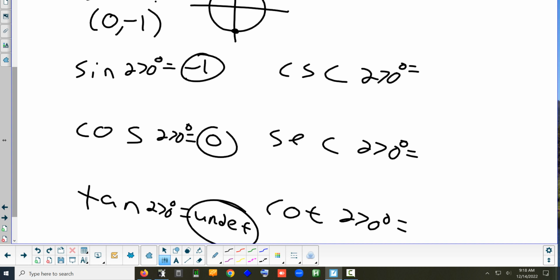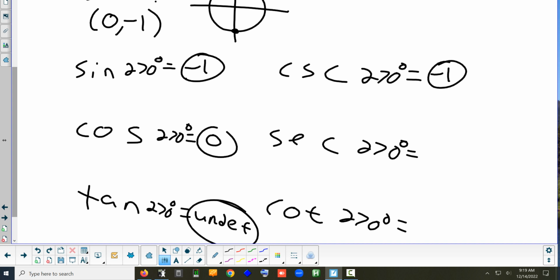Okay. What's my cosecant? When we flip the sine. So when I flip that, what's that going to give me? It's going to give you 1 over -1, which is -1.